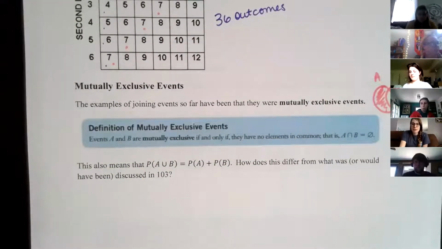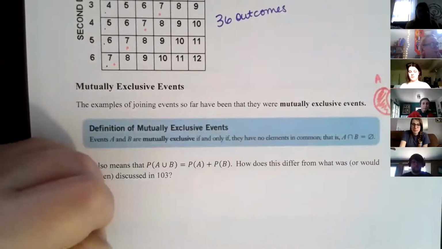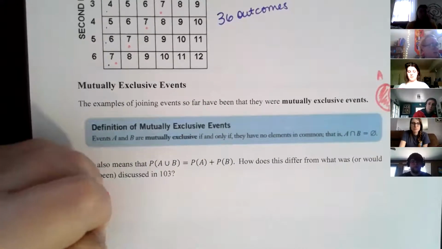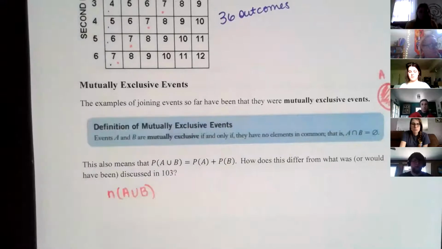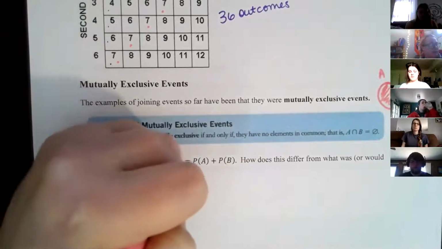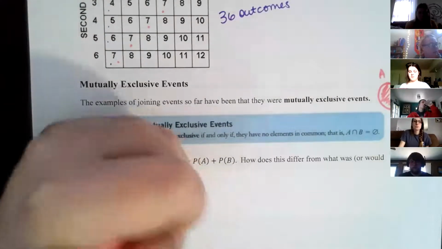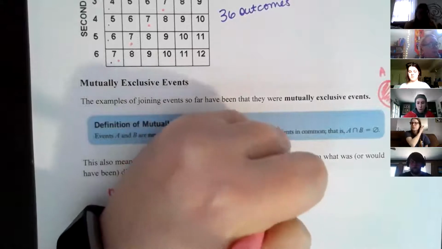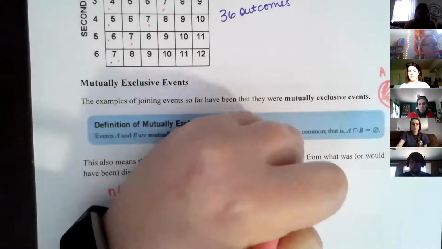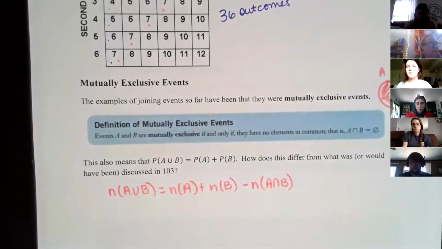I don't really know what you're asking. So when we're figuring out, for example, the size of A union B, that was the size of A plus the size of B minus the size of their intersection, right? Does that look familiar?